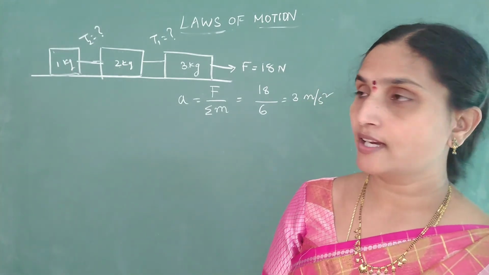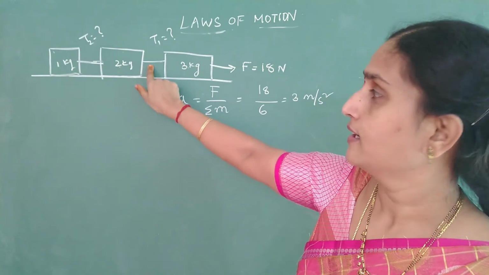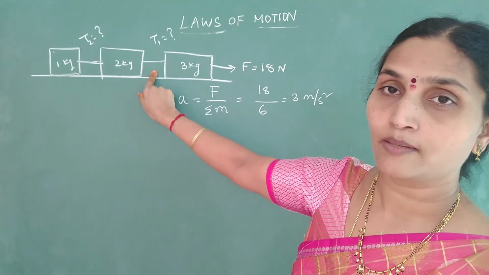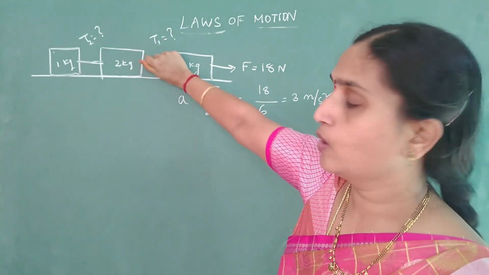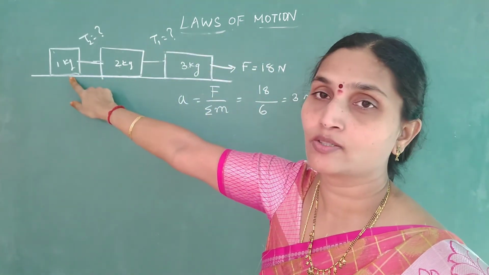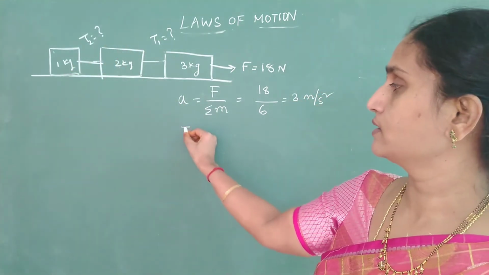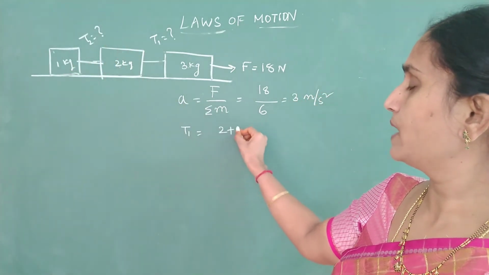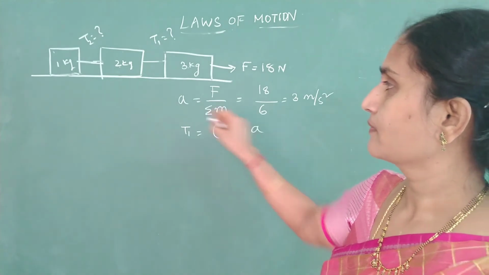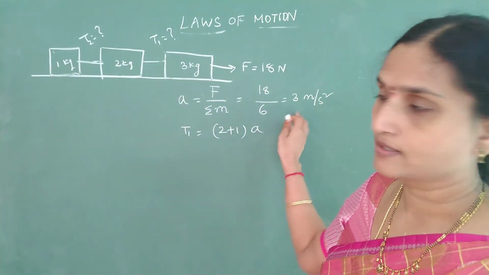Okay, once you get the acceleration, suppose you want to find the tension in this part of the string. Either you can write the free body diagram and find out, or else hold the string here, pull it. Which two blocks are moving with you? 2 and 1 kg. Then T1 will be equal to 2 plus 1 into A. Okay, tension here is the remaining masses into acceleration.